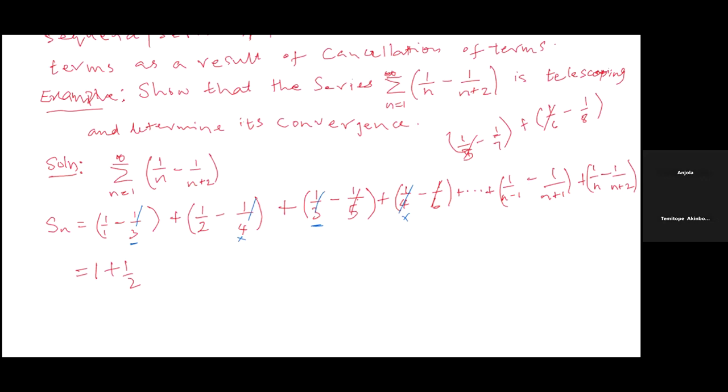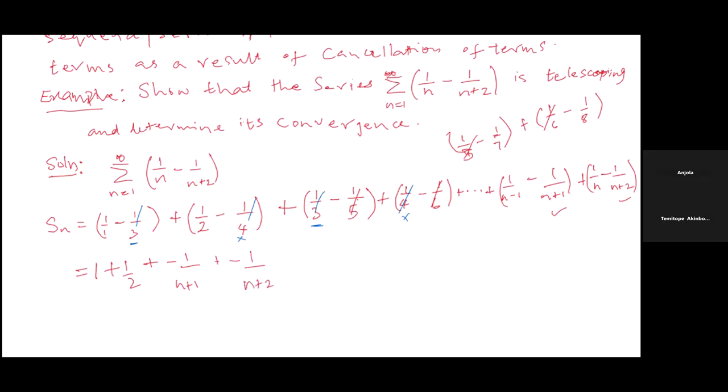So you now have plus, minus 1 over n plus 1, plus, minus 1 over n plus 2. Did you get that?